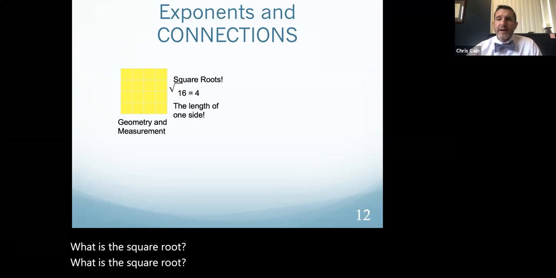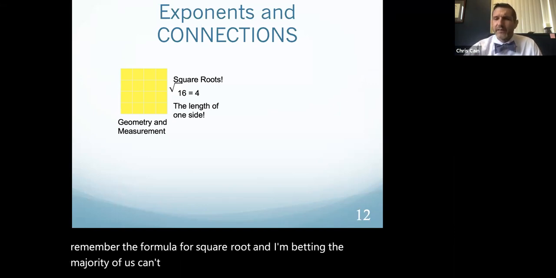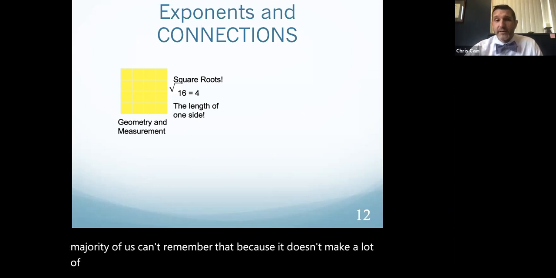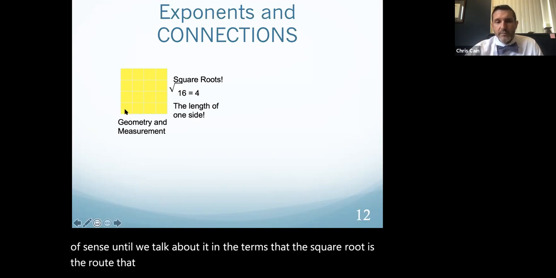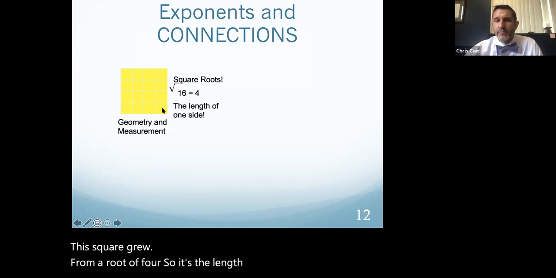Well, most of us would go back to our college math classes and try to remember the formula for square root. And I'm betting the majority of us can't remember that because it doesn't make a lot of sense until we talk about it in the terms that the square root is the root that this square grew from. This square grew from a root of 4. So it's the length of any side. So it's square root.